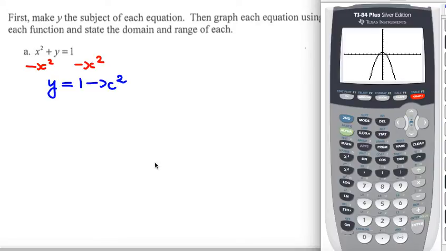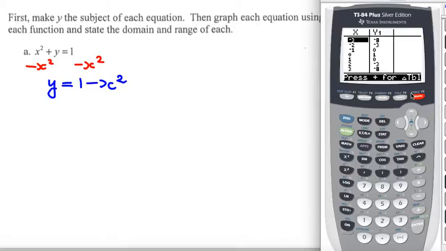If you want to be sure, then you can check on the table of values. So we press second and graph here, which means going to table. And we see that here it's quite symmetrical. At x equals 0 you have y value equals 1 as your vertex.